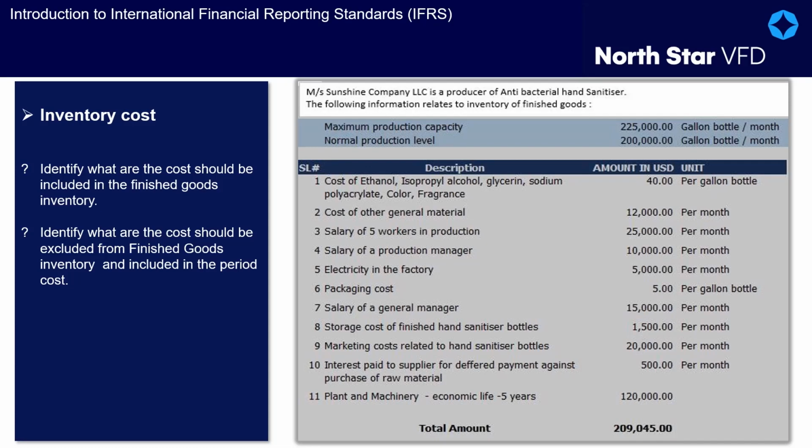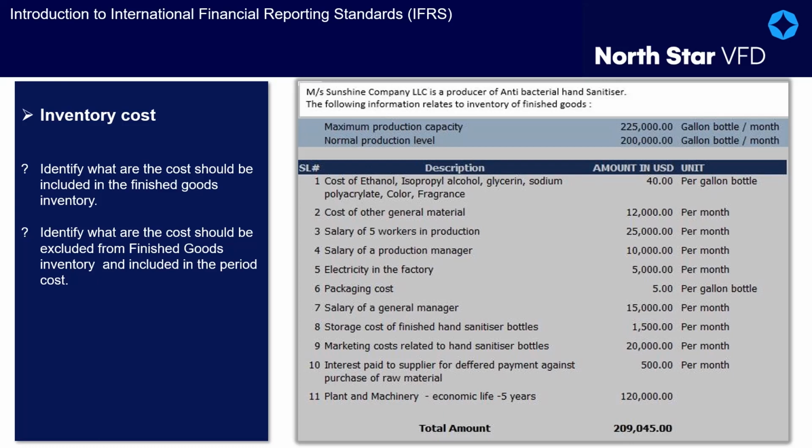Here on the screen you can see an illustration. You may note that Messrs. Sunshine Company LLC is a producer of antibacterial hand sanitizer. The information relates to inventory of finished goods as given here. Maximum production capacity as well as normal production capacity has been given.